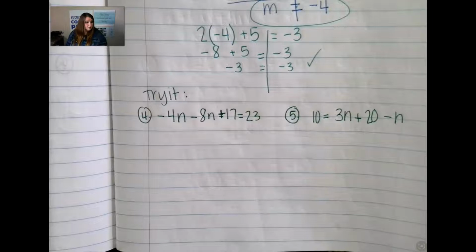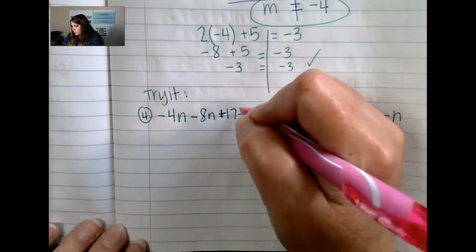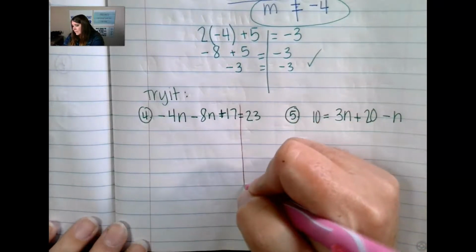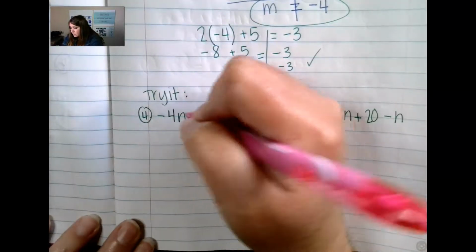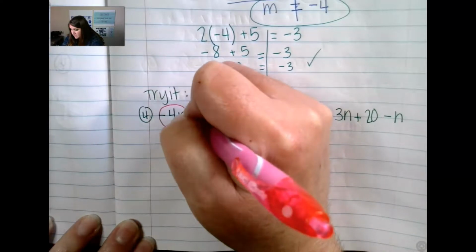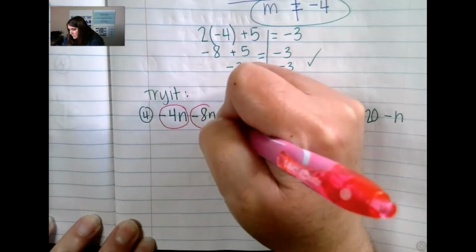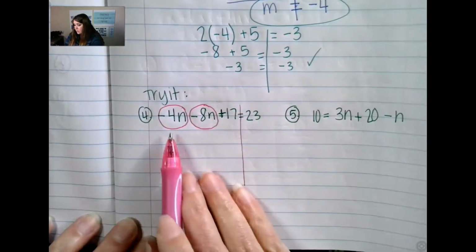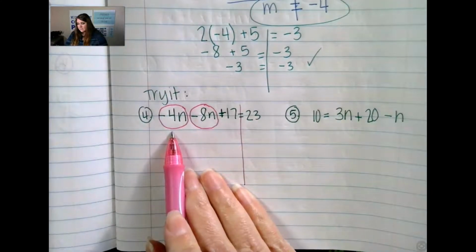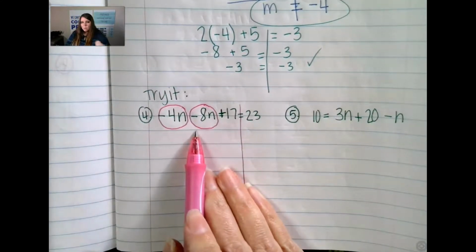All right, let's use a different color. So our first step here, we are going to look at solving by combining first. I need to combine all of the n's on this side together. I have negative 4 n's, and then I remove 8 more n's.